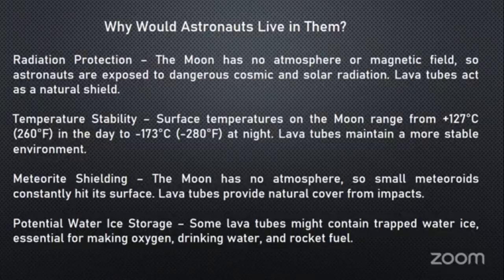Through electrolysis, you can produce oxygen from water. Astronauts can also drink it, and it is also a component for rocket fuel. So these are the reasons why astronauts would live in the lava tubes.